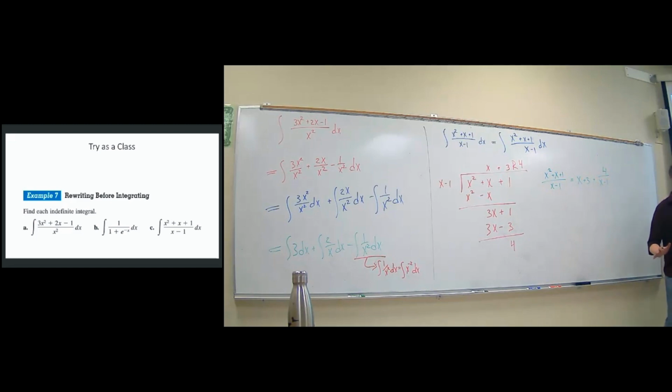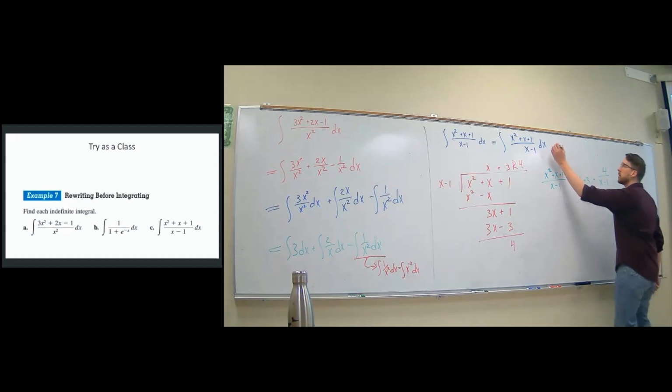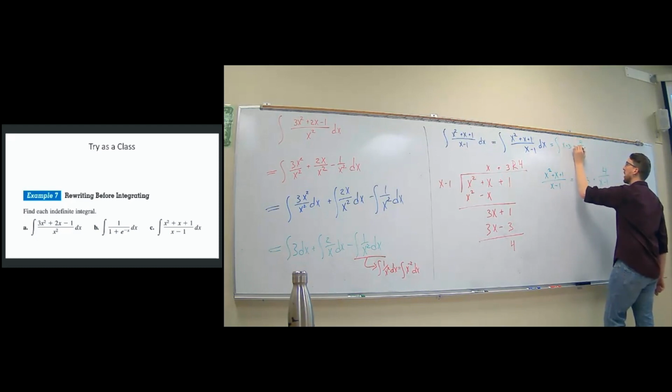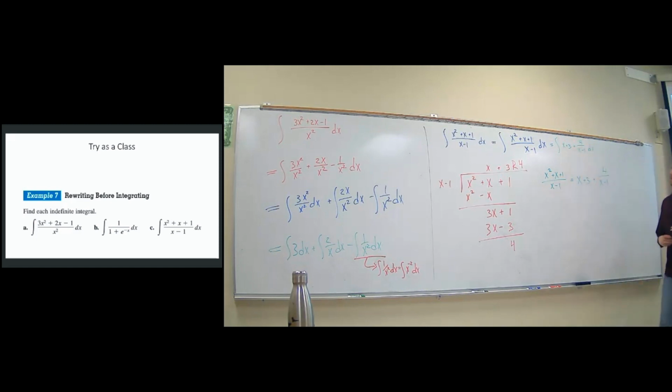That's what long division is telling us here, right? So we can say, cool. Let's come back up here, rewrite this. This is the integral of x plus 3 plus 4 over x minus 1, all integrated with respect to x.